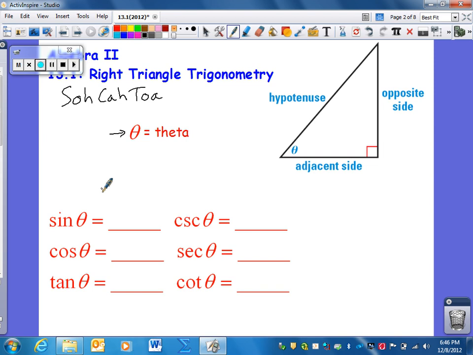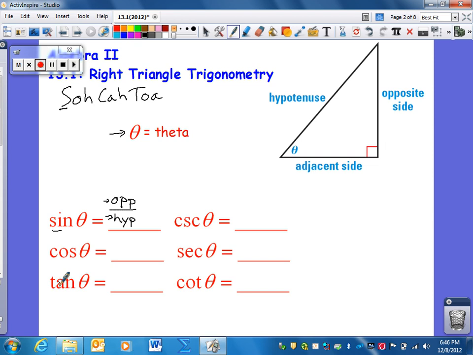Again, you should have seen that at some point in geometry, I would hope. But what we're going to do is talk about SOHCAHTOA. The breakdown of SOHCAHTOA is sine of theta, so S is sine, equals opposite over hypotenuse. So that's where the S, the O, and the H come from.